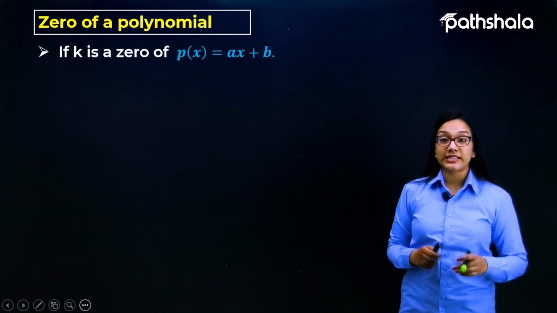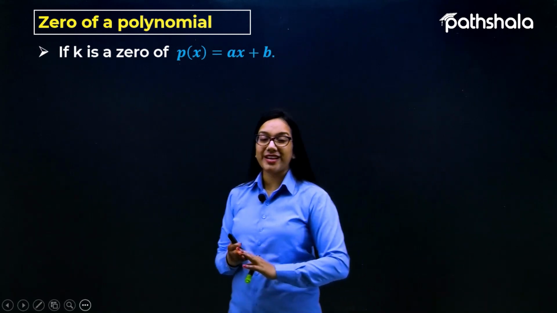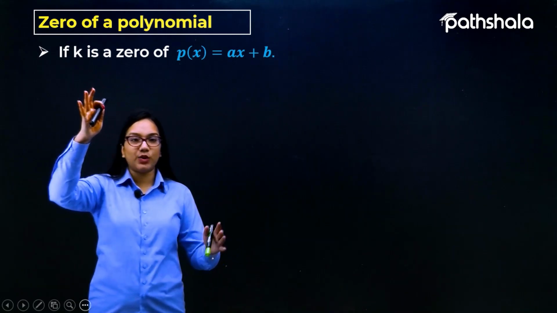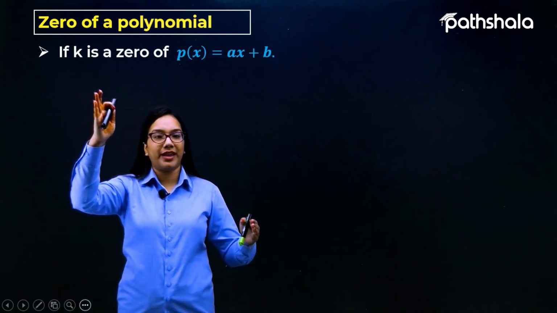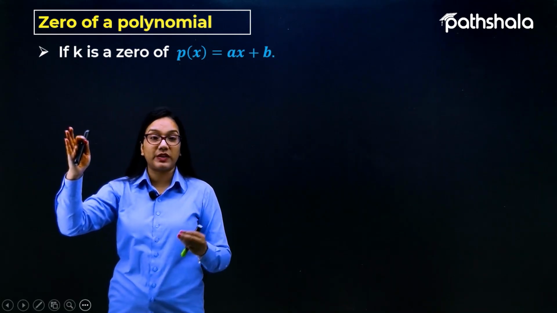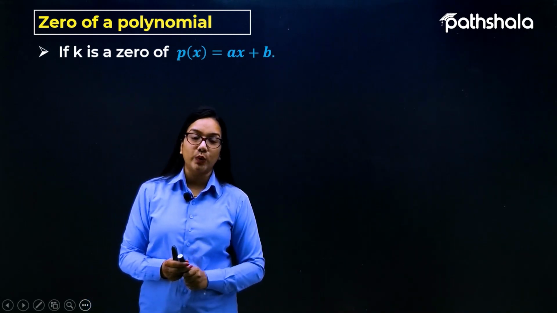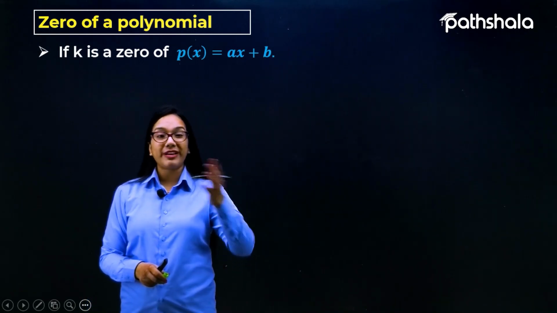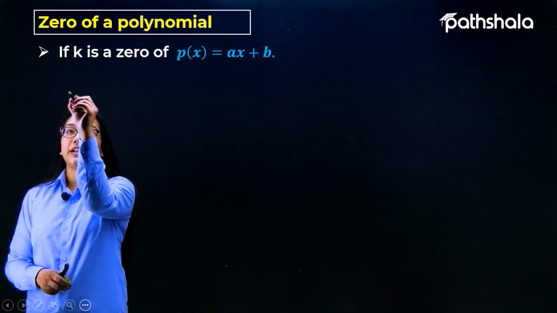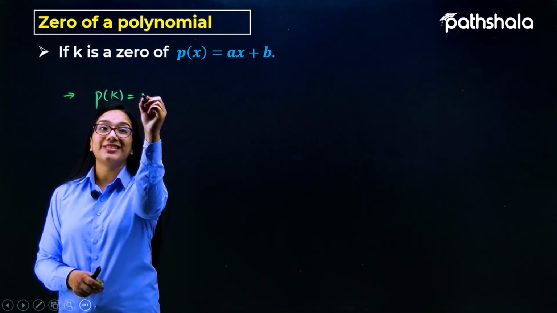So let's consider any particular linear polynomial as p of x is equal to ax plus b, and we are saying if k is a zero of p of x is equal to ax plus b, then what can we conclude from this? From the previous result, if k is a zero of p of x, then we can write p of k is equal to 0.